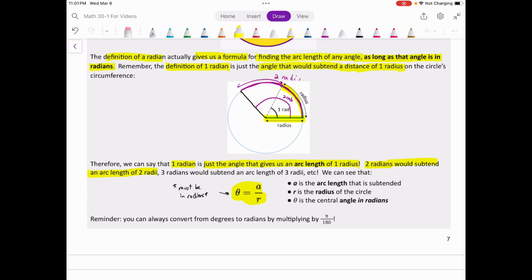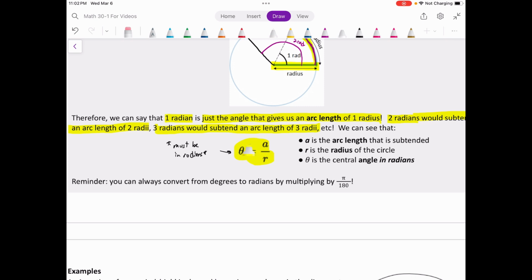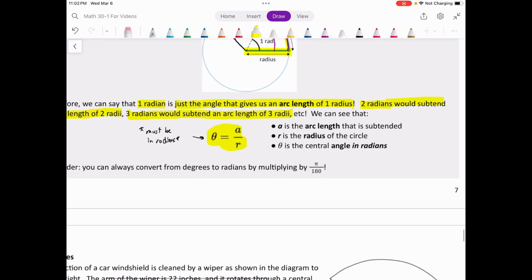3 radians would subtend an arc length of 3 radii, and on and on. So we can see then that the number of radians we've subtended is just equal to the arc length over the radius, right? See what I mean? If the arc length is 2 radii, well then we've done 2 radians.